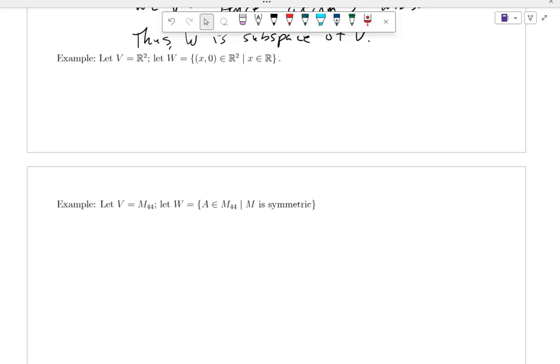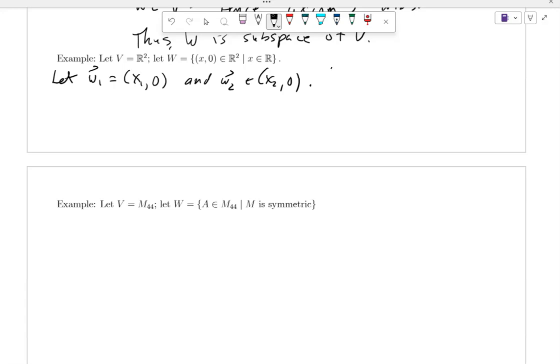Okay. So again, let w1 equal x1 comma 0. I already know what the second component looks like, right? It's a 0. And let w2 be x2 comma 0. We need to show that it's closed under addition and closed under scalar multiplication.